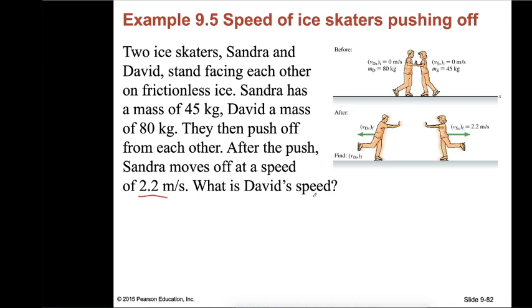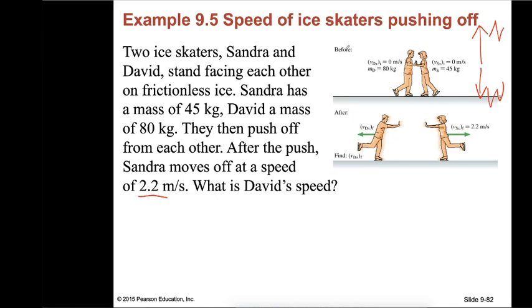Okay, if we take Sandra and David as a system, are there any external forces? Yes, there are some external forces. It's the weight and normal force for each of them. But the weight and normal force balance each other. So the net force of the system is zero. So this system is an isolated system. So the momentum of the isolated system doesn't change.